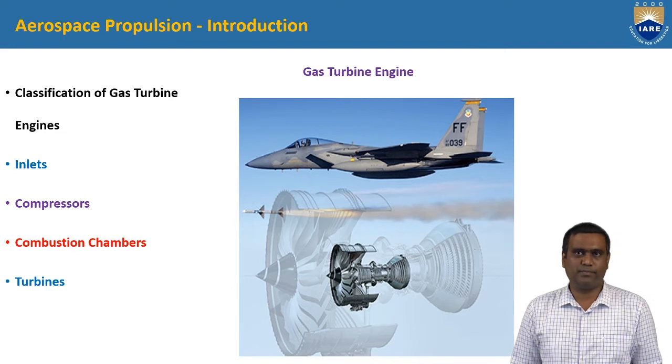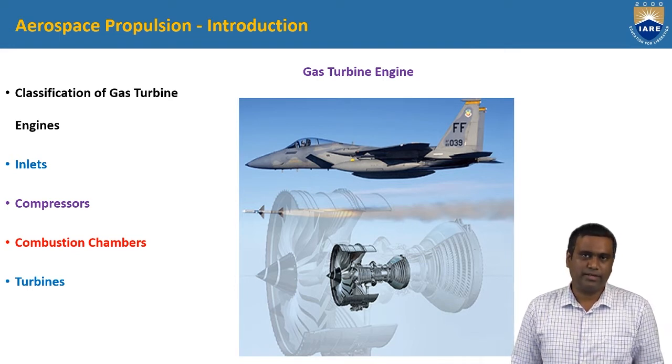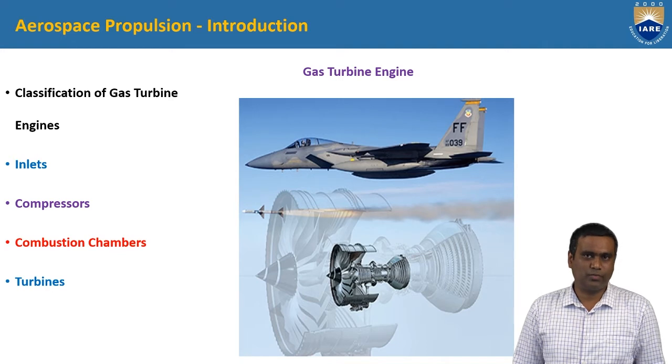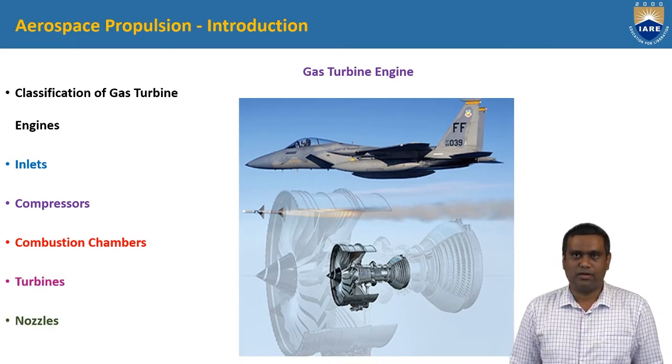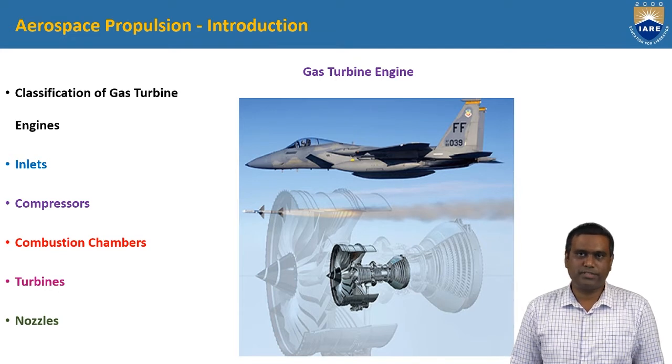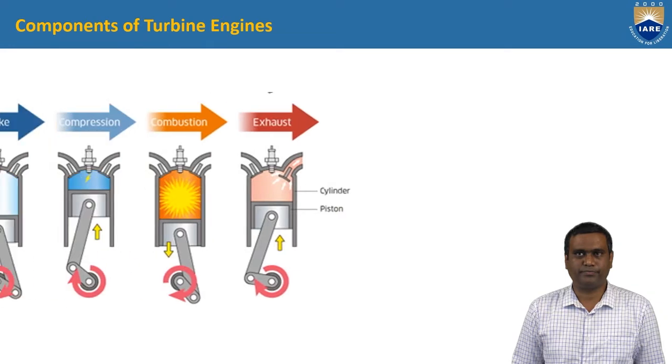There are inlets, compressors, combustion chambers, and turbines. And there are different types, and design parameters and performance characteristics would be discussed through this lecture series. And also different types of nozzles and their operating principle and design parameters.